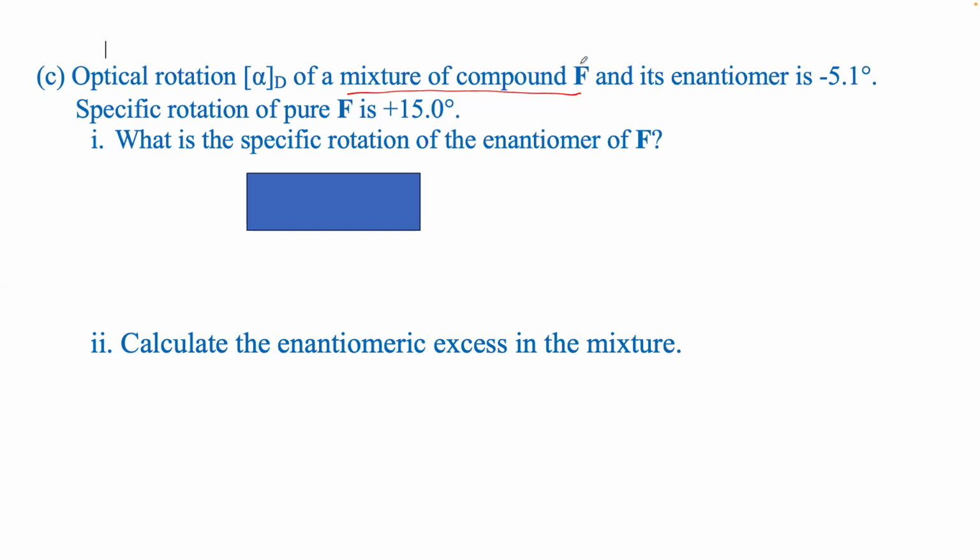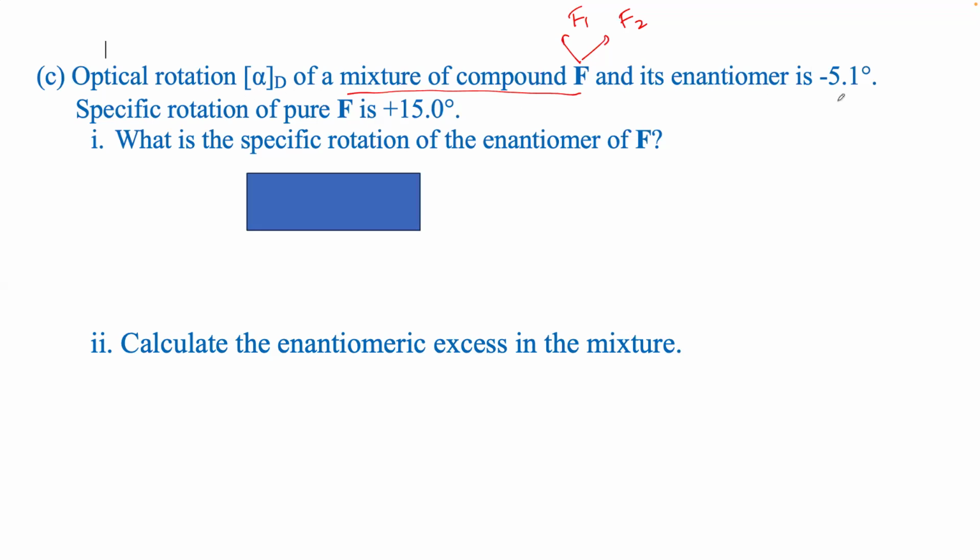The compound F has maybe two enantiomers, let's say F1 and F2, which are the optical isomers, these non-superimposable mirror images. It already says it's a mixture of compound F and its enantiomer. So that means you have both enantiomers in the mixture.